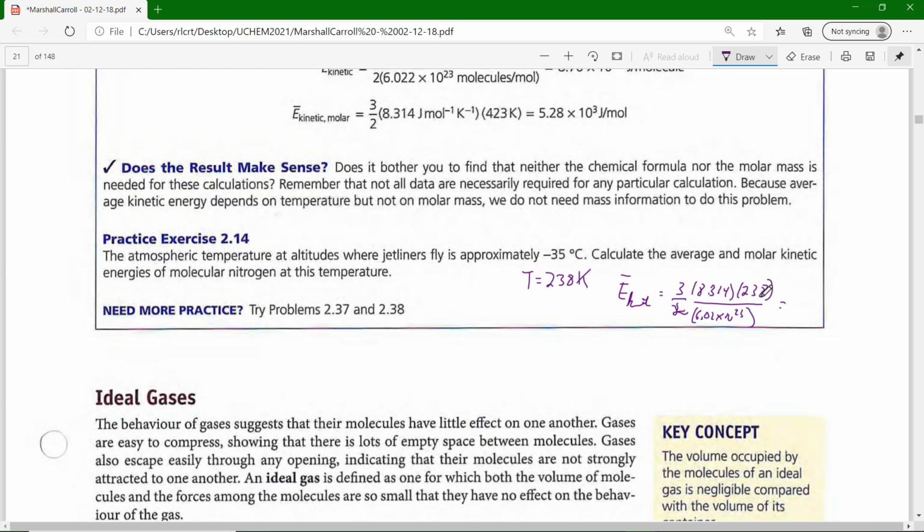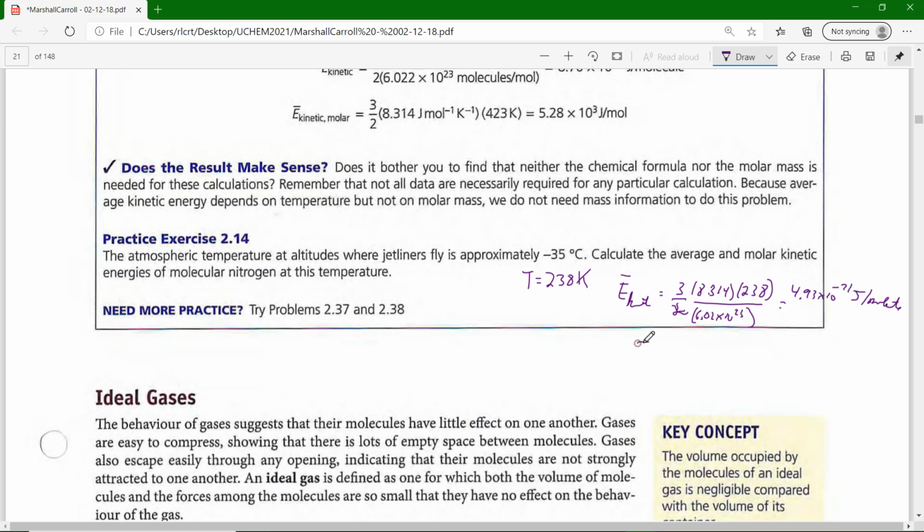So 1.5 times 8.314 times 238 divided by 6.02 times 10 to the 23 gives 4.93 times 10 to the minus 21 joules per molecule of nitrogen in the jetliner.